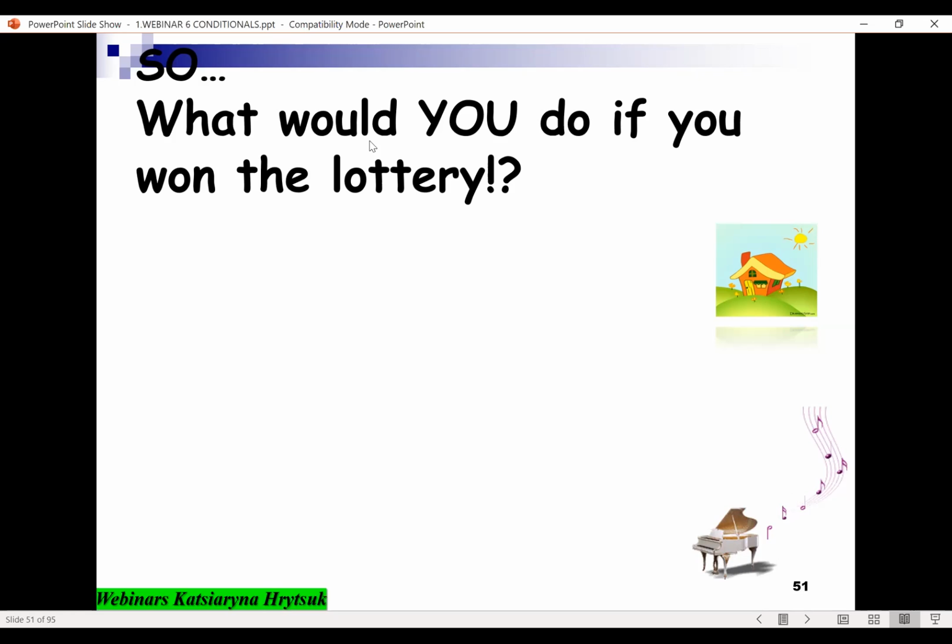Emilia? If I won the lottery, I would buy an apartment in Bordeaux. Okay, perfect. Olivier? If I won the lottery, I would create my own company.